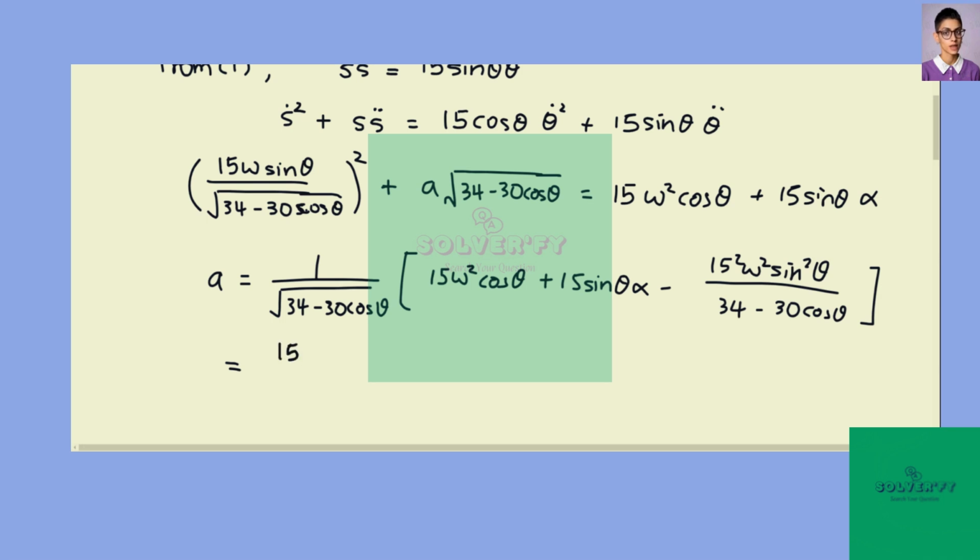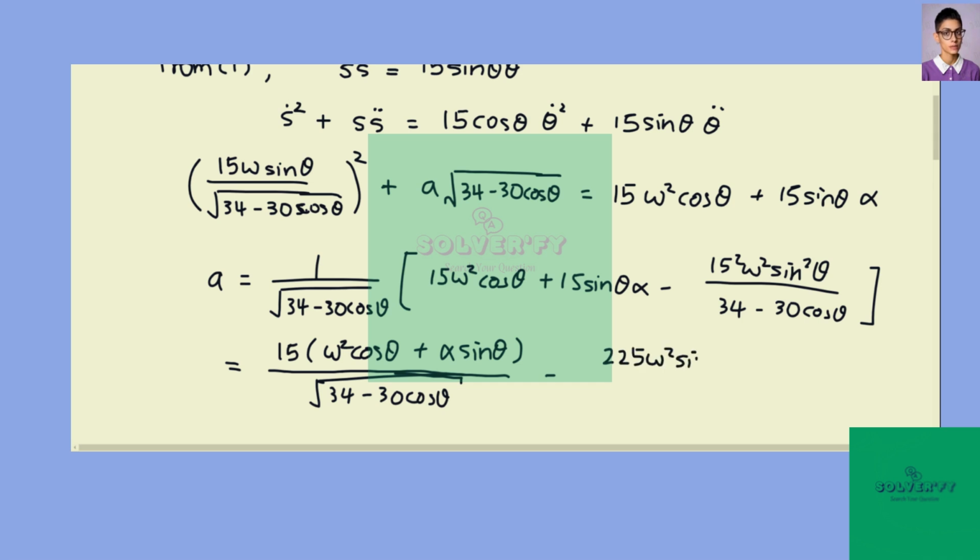So 15 omega squared cosine theta plus alpha sine theta, divided by the square root of 34 minus 30 cosine theta, minus 225 omega squared sine squared theta over 34 minus 30 cosine theta to the power of 3/2.